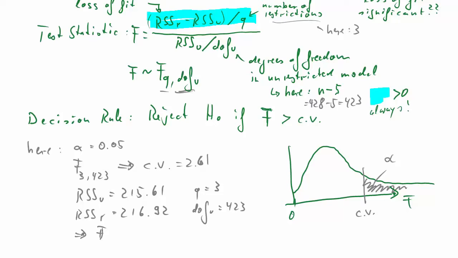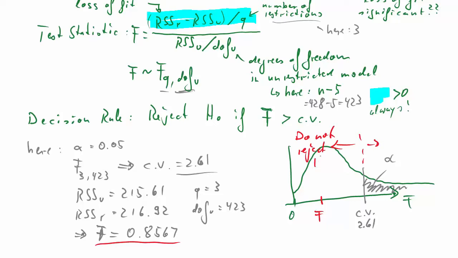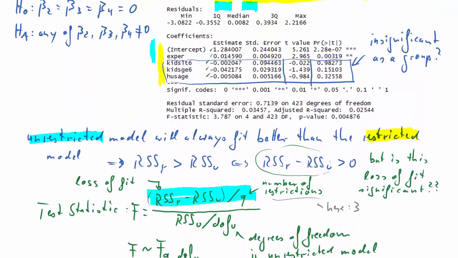Then we just need to plug these 4 numbers into our F statistic. Once you do that, you get a value for the F statistic based on our data of 0.8567. Relative to our critical value, that's to the left of the critical value, it's smaller, so it's in the do not reject region. Only if it was larger than 2.61 would we reject the null hypothesis. Our conclusion is do not reject H0.